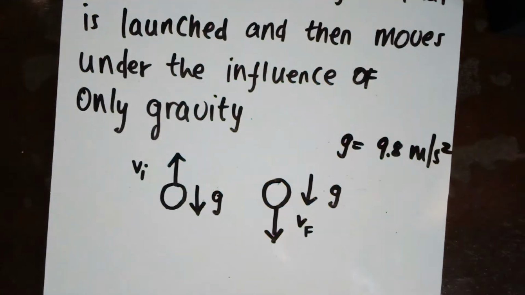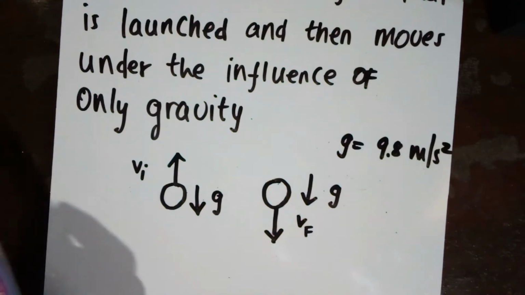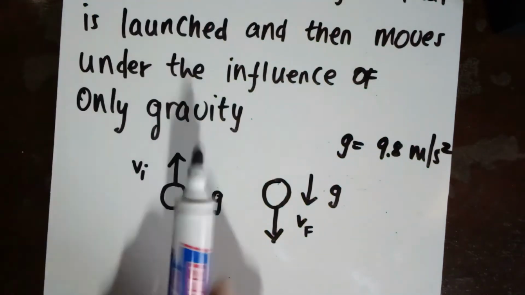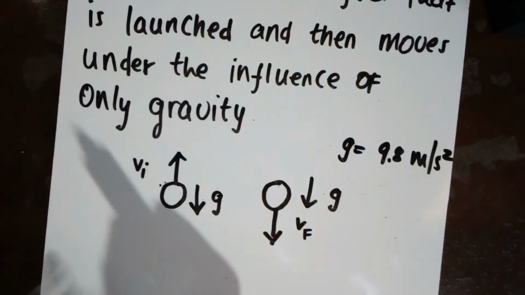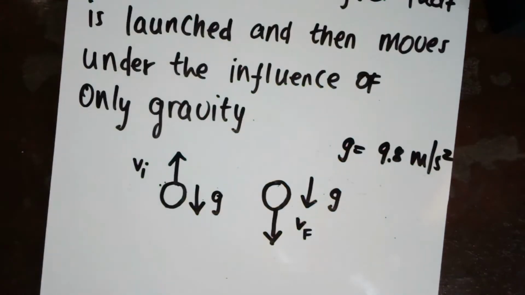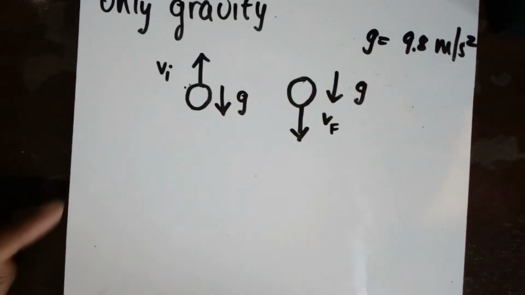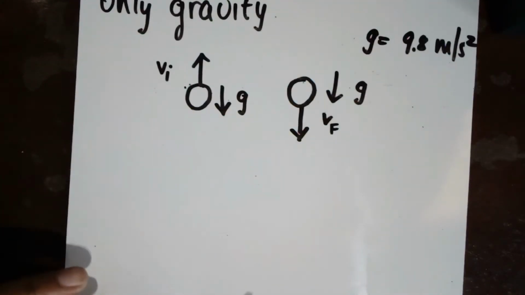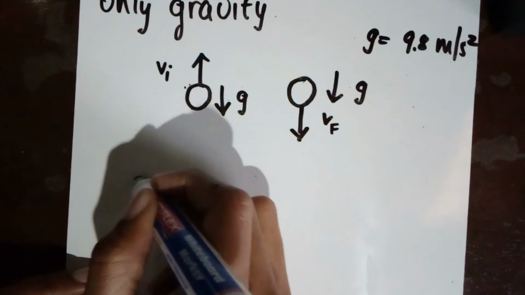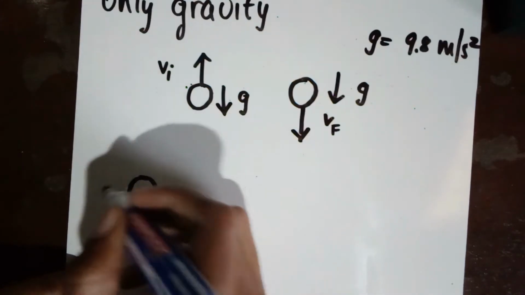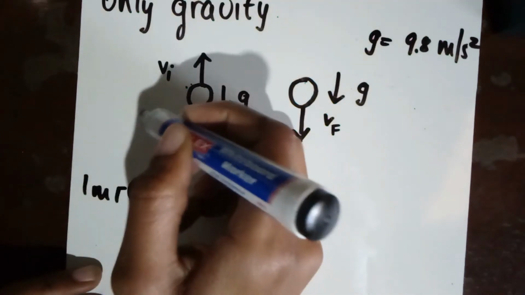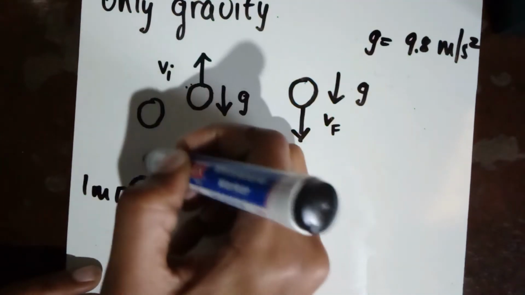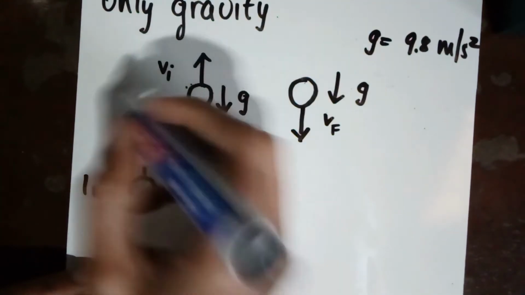Another thing is that projectiles that have an initial velocity going upwards will have a zero velocity at maximum height. For example, let's say you throw this ball from here, maybe at 1 meter, and it stops there at 2 meters.